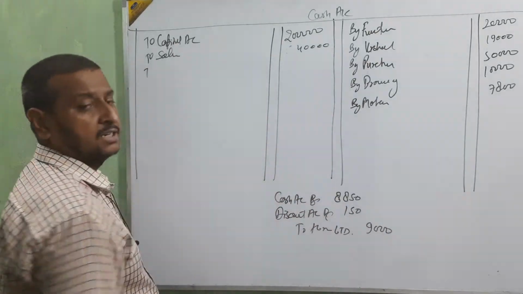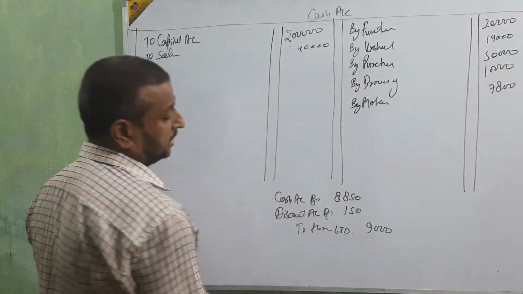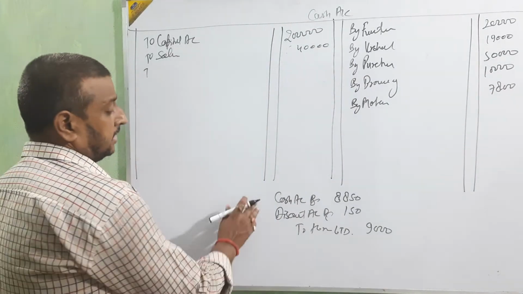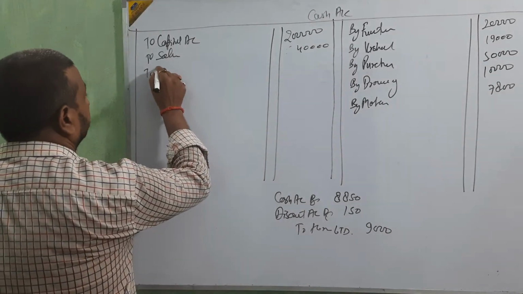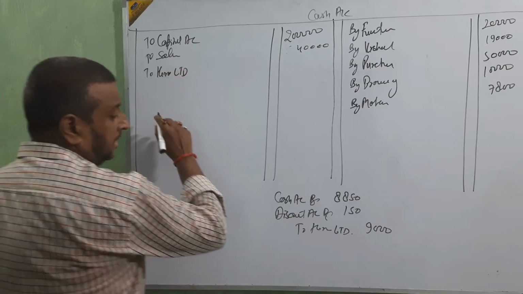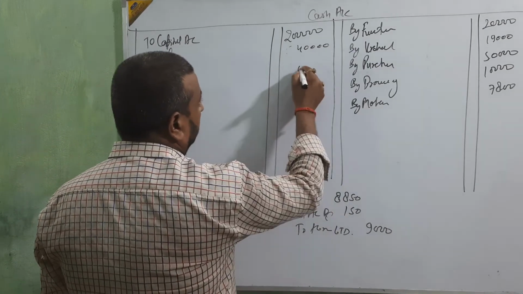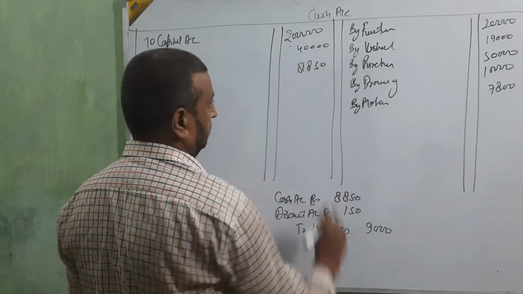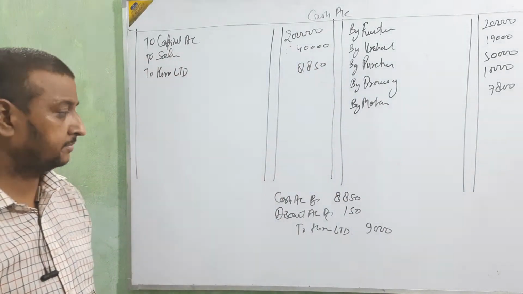Here cash is debit and its opposite is Hero Limited. So to Hero Limited with the amount in front of the cash, 8,850. Okay, next.